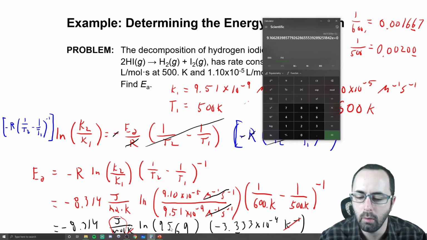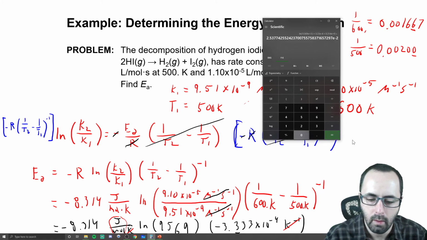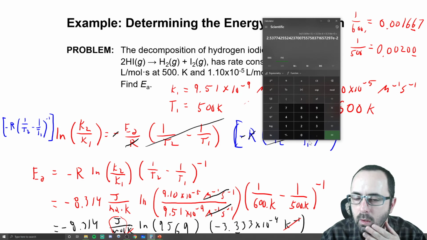So I did this part right here, times 3.33 EE minus 4 times 8.314. And so we're going to get a result with 2 sig figs.